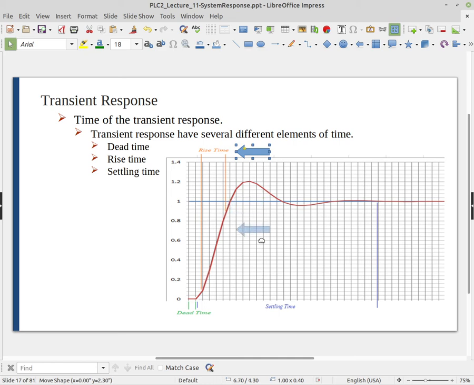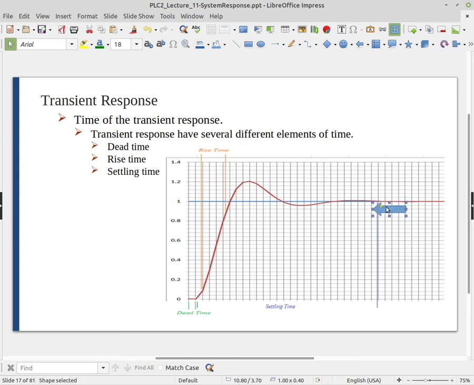And then the third time that we look at is called the settling time. With settling time, we want to look at how long it takes to settle. However, if the system's bouncing around a lot, that can be hard to determine, so we define it as being within 10% of the final value. I'll show that on a different graph.